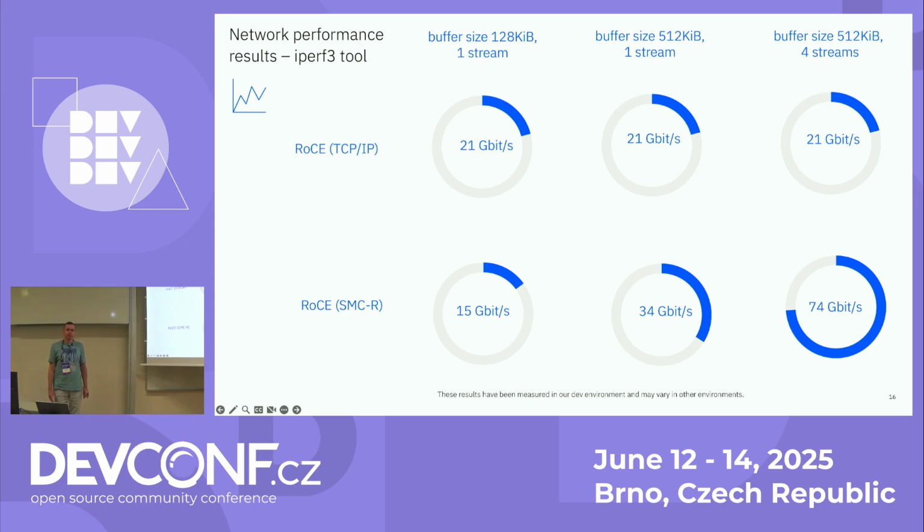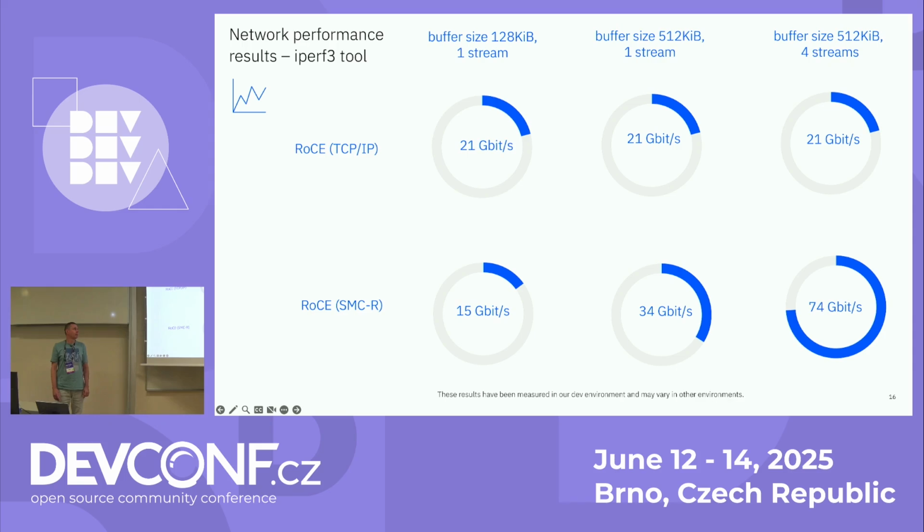SMC-R performance heavily depends on buffer sizes and the number of parallel streams. With the default buffer size of 128 and 1 stream, the performance is even worse than TCP. But if you increase the buffer size to 512, then we get a much better number, 34 gigabits per second.